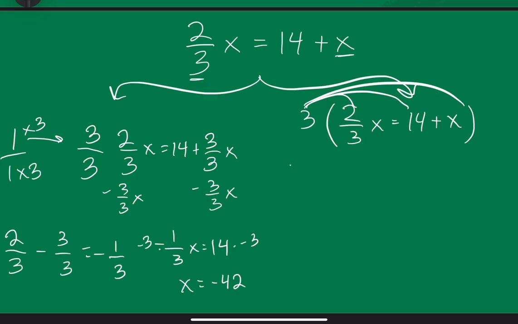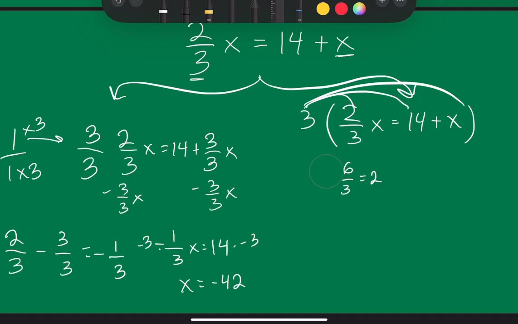So remember, 3 over 1 times 2 over 3. 3 times 2 is 6. 1 times 3 is 3. And that just gives us 2. So I'm just going to rewrite 3 times 2 over 3x as 2x. And that's going to equal 14 times 3, which is 42, plus 3x.